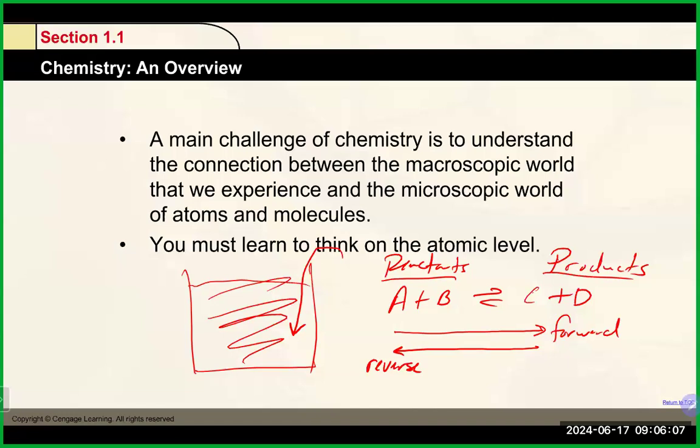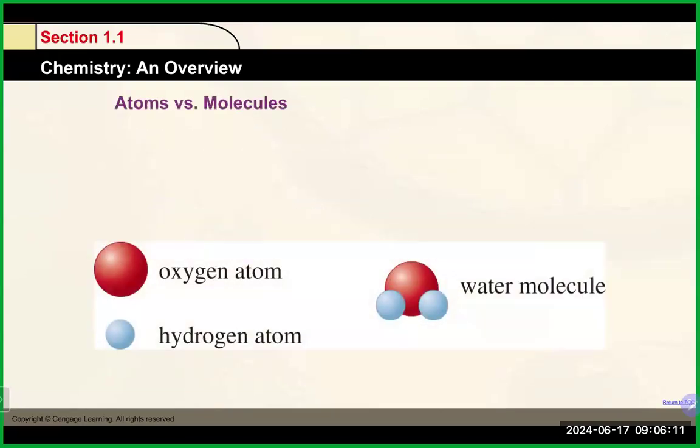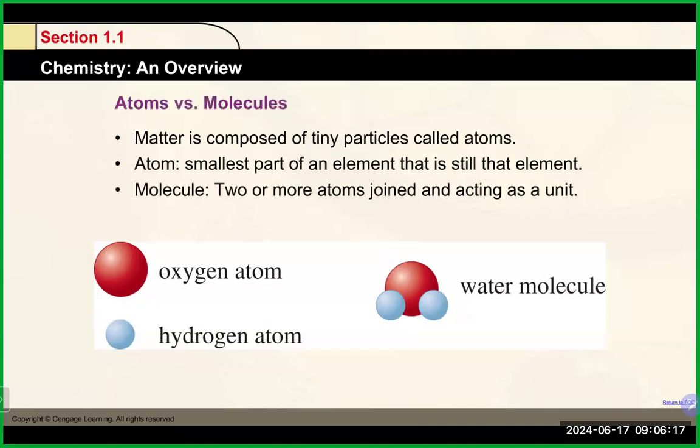A lot of what we deal with in chemistry is the idea of matter. Matter is anything that has mass and occupies space. And a lot of what we deal with is the different states of matter as something goes from one state to the next.